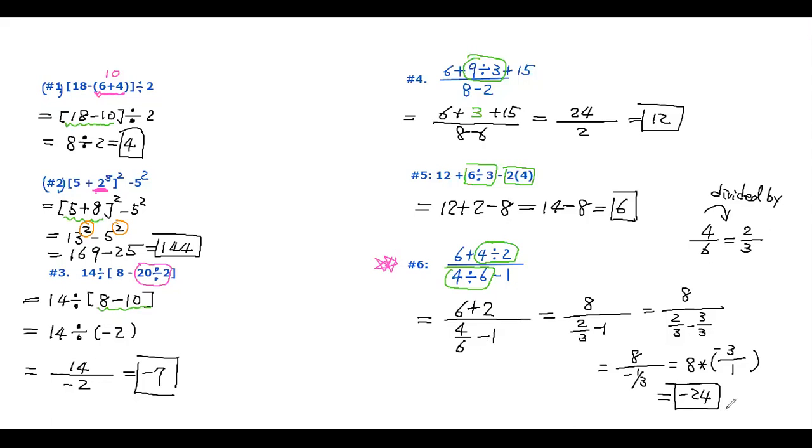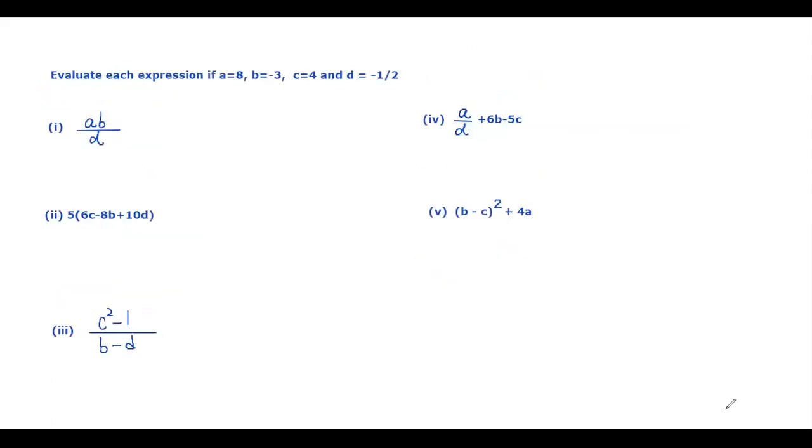Okay, so the next one is they give you the value for each variable. Then they want you to find the value of this expression. This type of problem sometimes happens on the SAT and ACT exams. Basically, they want to test whether you know the order of operations.